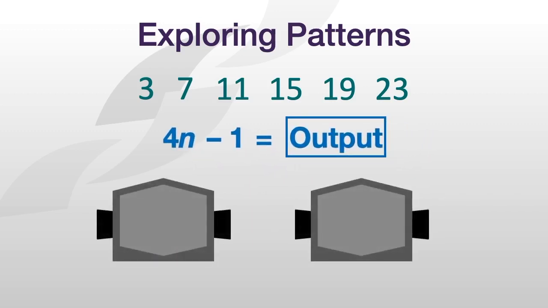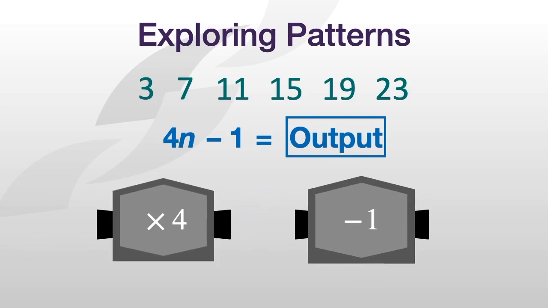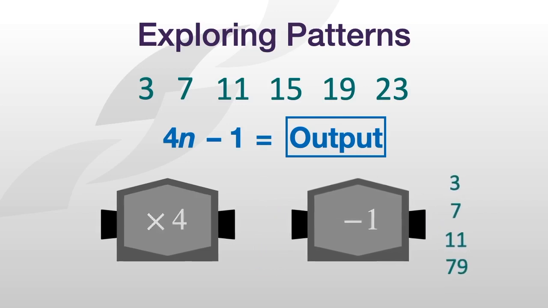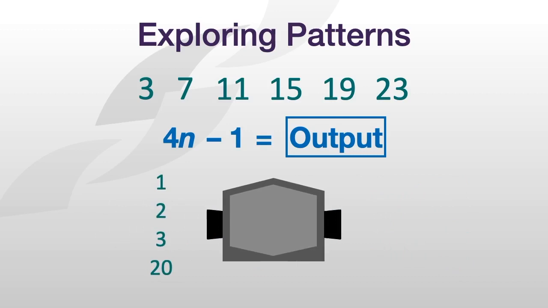We can see this rule play out with the input-output machines by having the first machine multiply the input by 4 and the second machine subtract 1. Let's try this with some input values. First, these numbers are multiplied by 4, and then 1 is subtracted. We could use one machine by making our expression simply 4n minus 1.